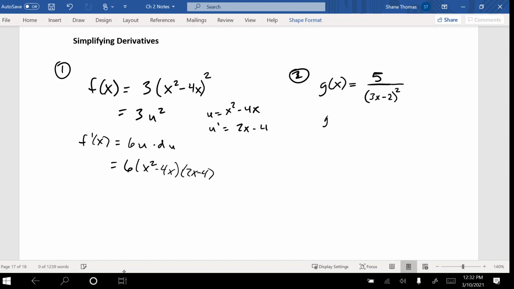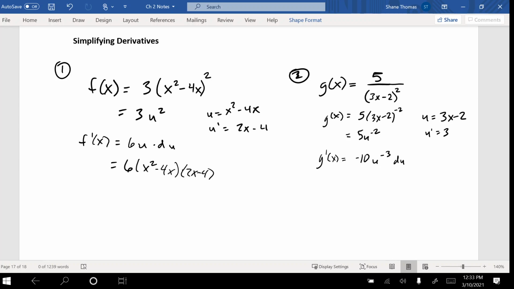So we rewrite this guy. We have g of x is going to be 5 times 3x minus 2 to the negative 2. Right? So then we write this as 5u to the negative 2, with u being 3x minus 2. Okay. So g prime of x then is going to be negative 10u to the negative 3 du. u prime is going to be 3.